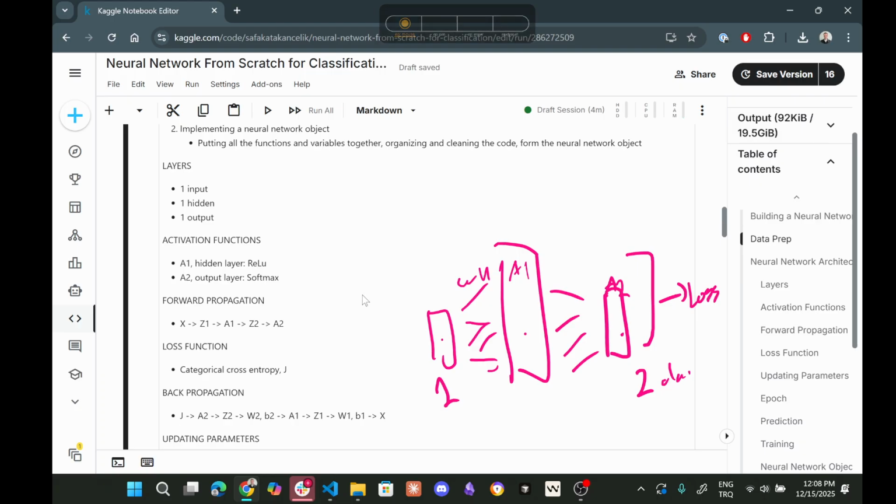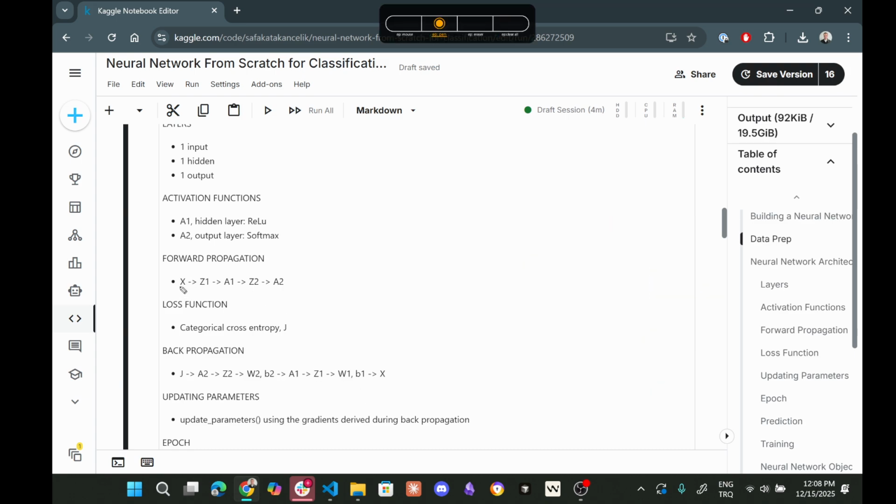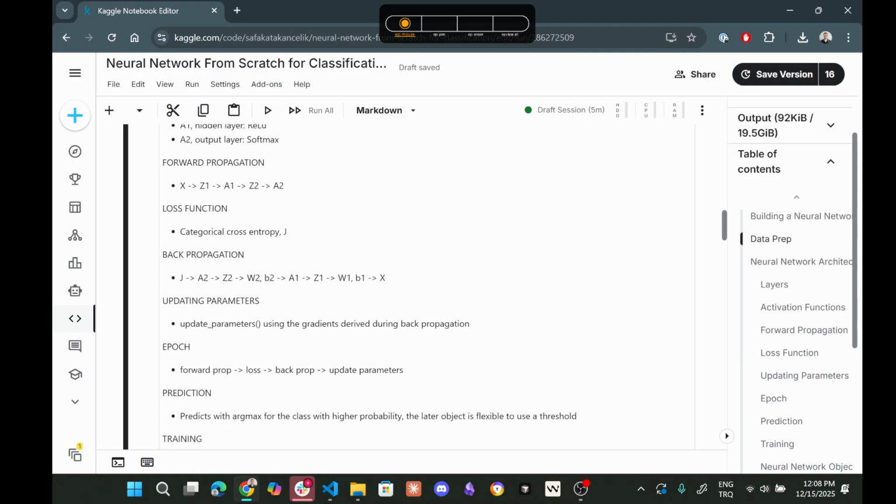The activation function in the hidden layer is ReLU, and at the output layer A2 is a softmax, because I want to generate probabilities to map to those classes. And this is the forward propagation. So from features to Z1, a linear function, then a nonlinear activation function, another linear function in the output layer, then a softmax activation function, then the loss function, categorical cross entropy, and then there is the backpropagation.